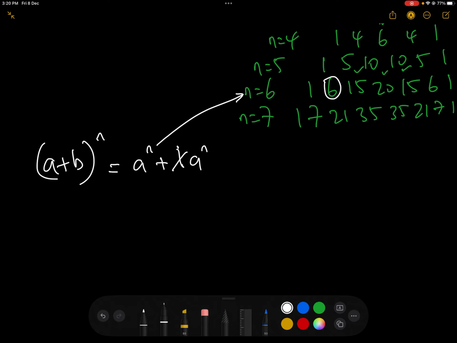Drop a by 1 power and introduce b. Then it would be plus whatever the next number is on the relevant row, times a to the n minus 2, b squared, and so on all the way until you get to a to the 1, b to the n minus 1, and then right at the end you have b to the n.